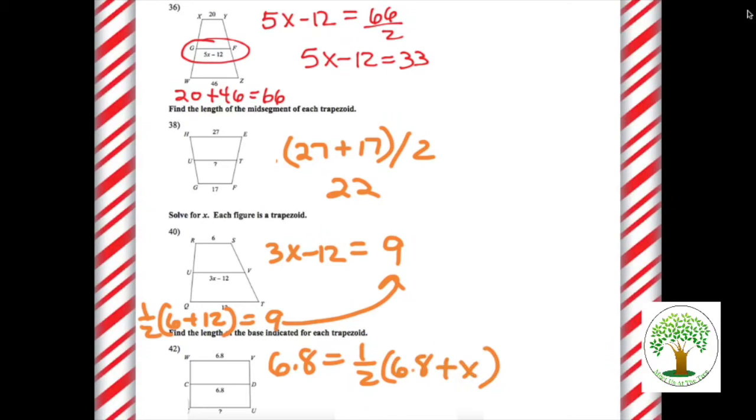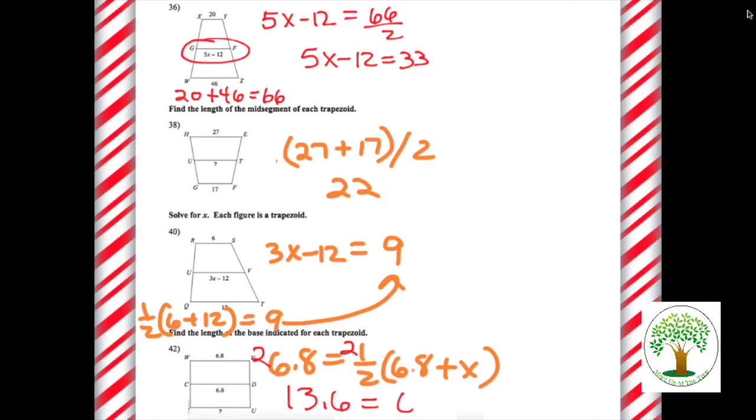Do you guys like the half? No. How did we get rid of the half before? Can't you just multiply it by its reciprocal? Yes, which is 2. So it's okay just doing it my way then, right? Yes, it is. What is 6.8 times 2? 13.6. Okay.